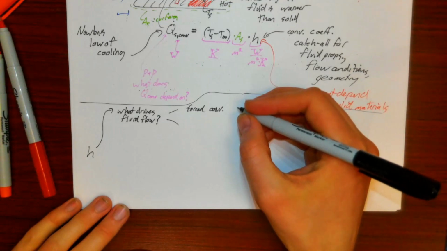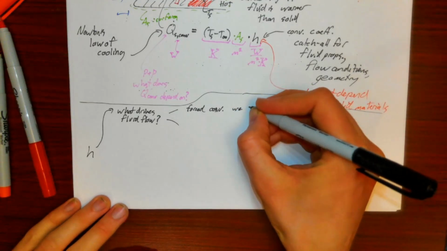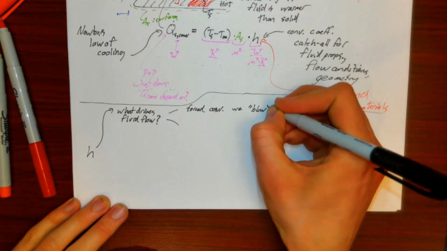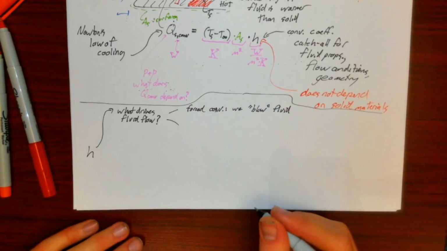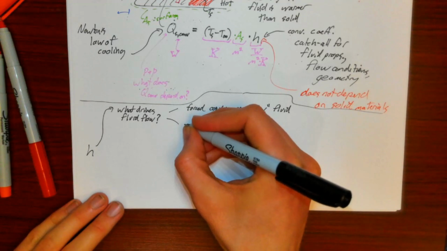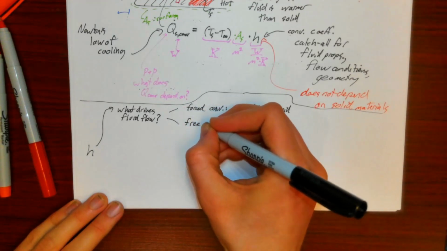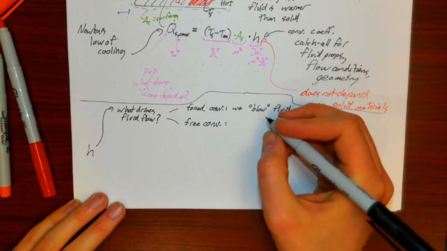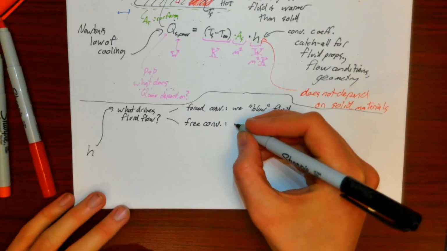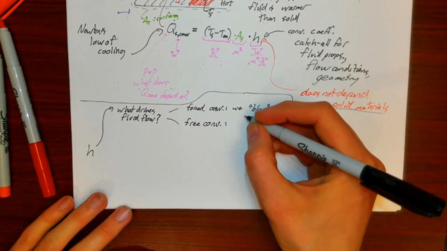So we blow fluid across the solid surface. The alternative is what we call free convection, in which the flow is created due to the buoyancy of the fluid.